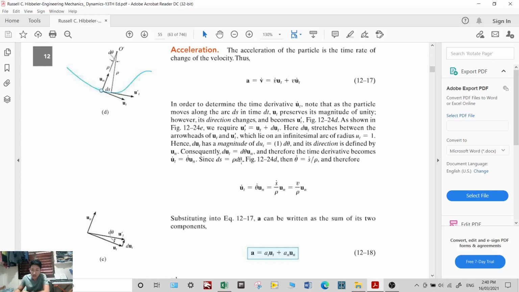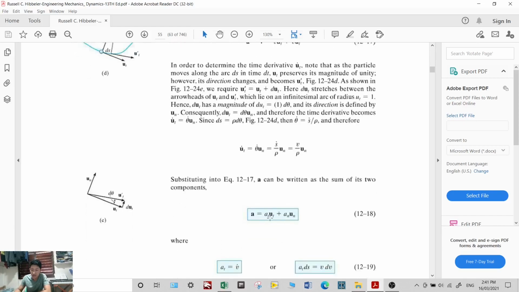So we substitute here: u sub t dot is just theta dot u sub n, but theta dot is just s dot over rho. That is why the value is just v over rho, since s dot is velocity. So when you substitute there, you will get this formula.